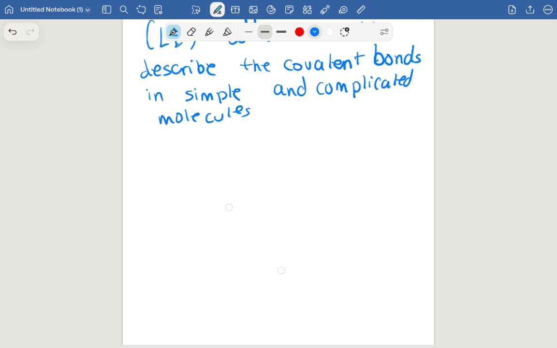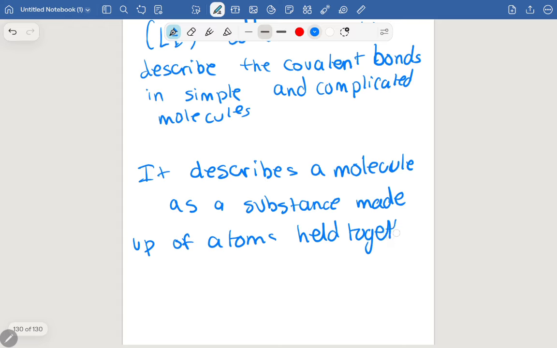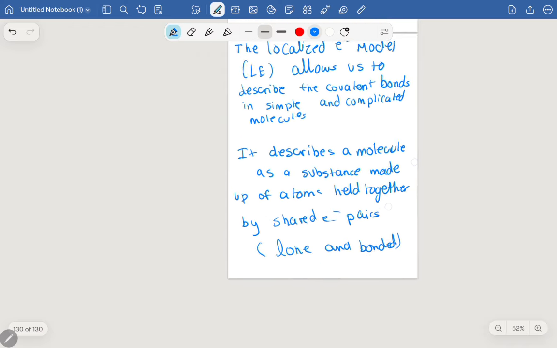You will say, it describes a molecule as a substance made up of atoms held together by shared electron pairs. And these electron pairs are either lone or bonded. Okay? And just like that, we finished 4.1.